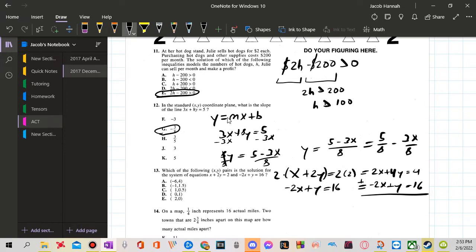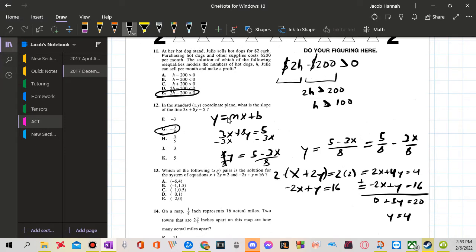This is 4y, because 2 times 2y, that's 4y. So again, we add these two: 0, 4y plus y is 5y, equals 4 plus 16, 20. y equals 4, because you divide by 5 on both sides.